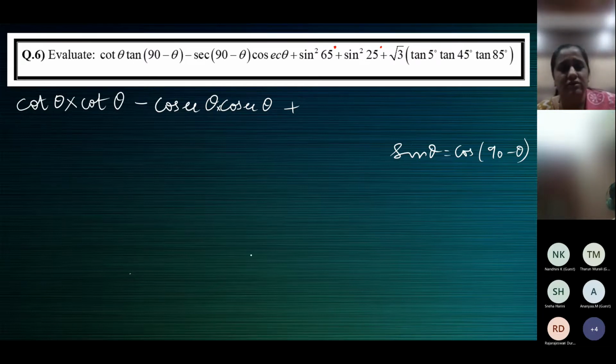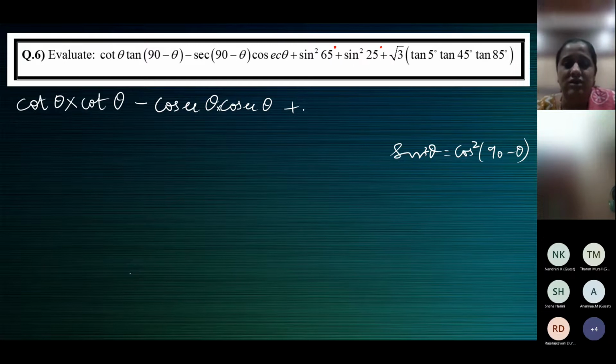Yeah, we can do that, right? So let's square on both the sides. What is sine theta the whole square? Sine square theta. Cos 90 minus theta the whole square, cos square 90 minus theta. So it's valid. Sine square theta is cos square 90 minus theta.